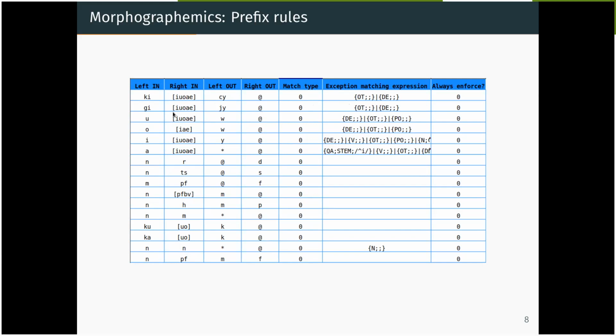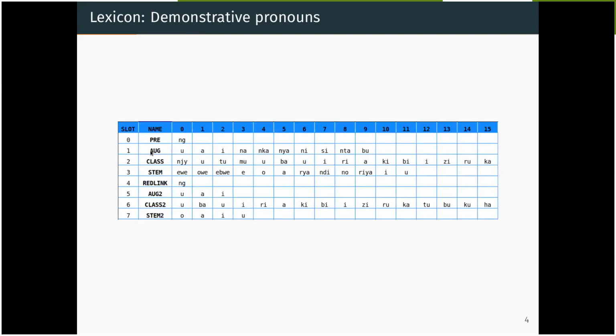Essentially, you need to have all of these rules. Let me pick another example. When you have an a with a vowel to the right, the a gets killed, and you keep the vowel. Let's say a demonstrative pronoun: you say awo, avo. So the class marker, you have the word awo: a, va, o.